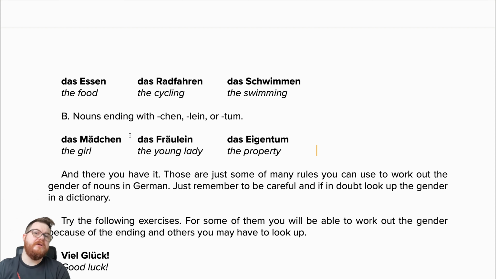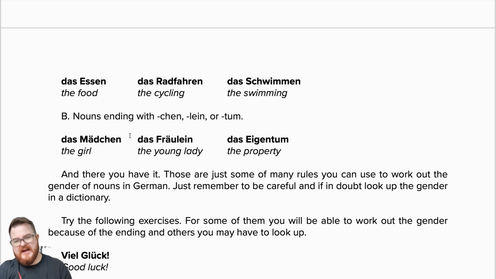Many foreign loanwords that are brought into German from other languages, such as French and English, a lot of English, have an S on the end in the plural form, and these are usually, although not always, neuter. So foreign loanwords often are neuter when they're brought into German. But again, take it with a pinch of salt.